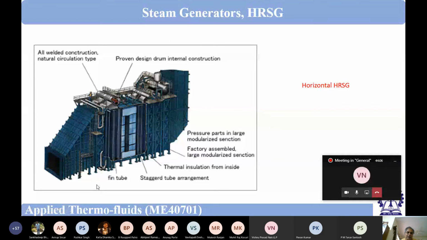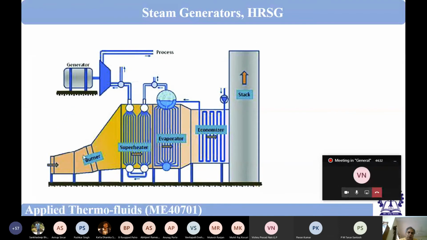So these are very big units, and most of the cases we will have a horizontal steam generator. In certain cases we can have a vertical steam generator, I will show you, but in most of the cases we will have a horizontal steam generator. So it looks like this.